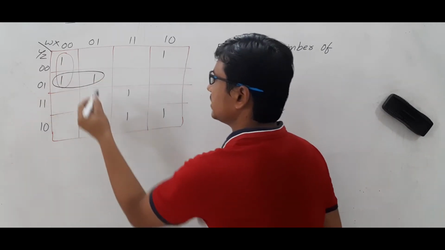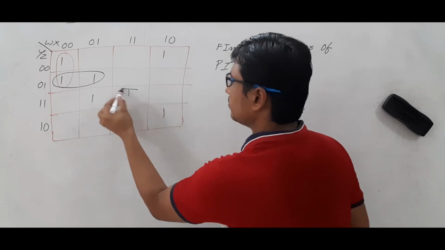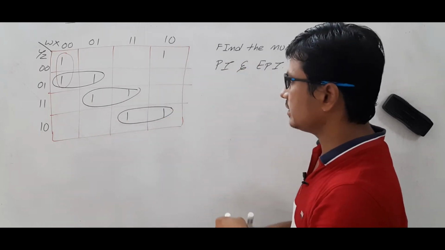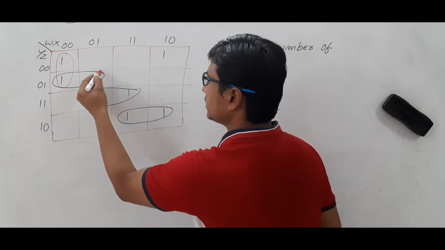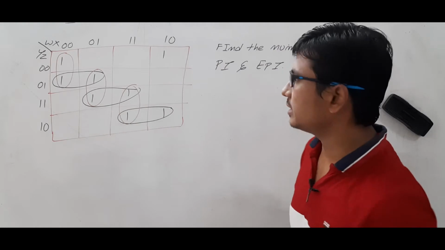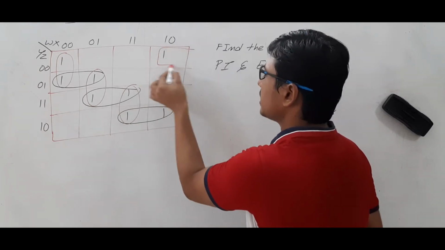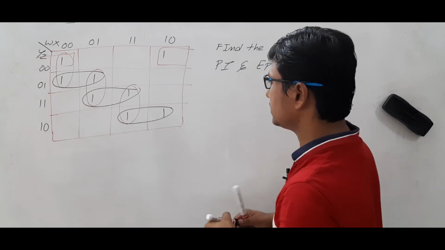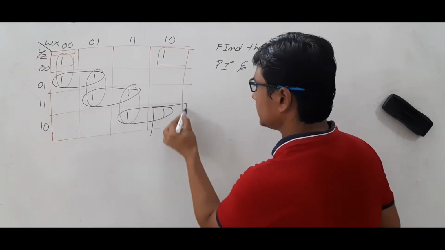This is another implicant, this is another implicant, and this is another implicant, because I can combine like this, and this is another implicant.